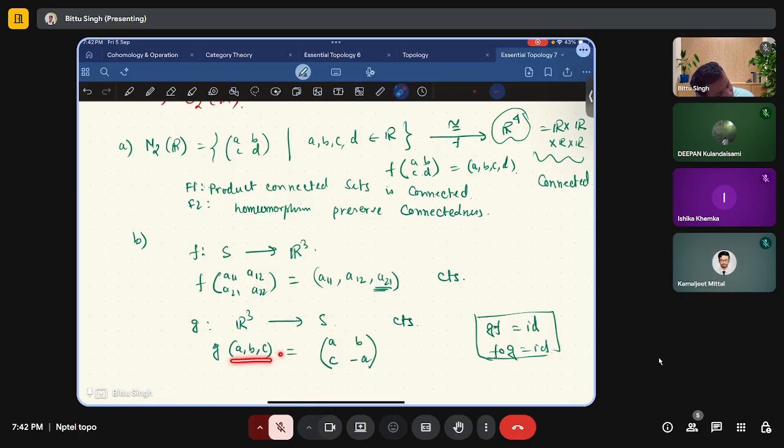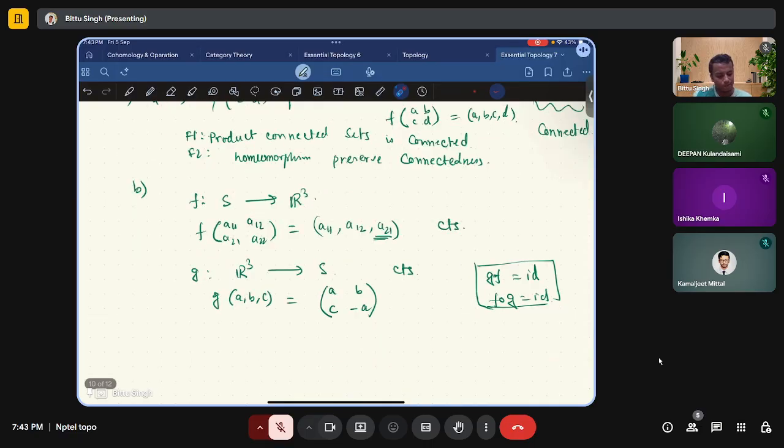Choose a point (A, B, C); it goes to the matrix with A, B, C, minus A. Now that matrix will be sent to (A, B, C), and the last entry is dropped, that is (A, B, C). So I am getting an identity map. First start with G and then apply F, that is the same as the identity map. And similarly, if we start with F and again apply G, we will get identity. Check those two things, very easy.